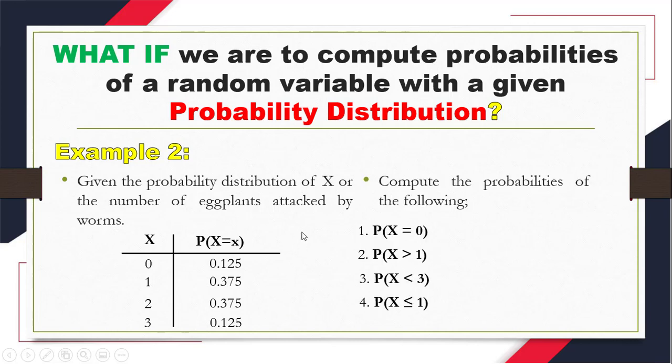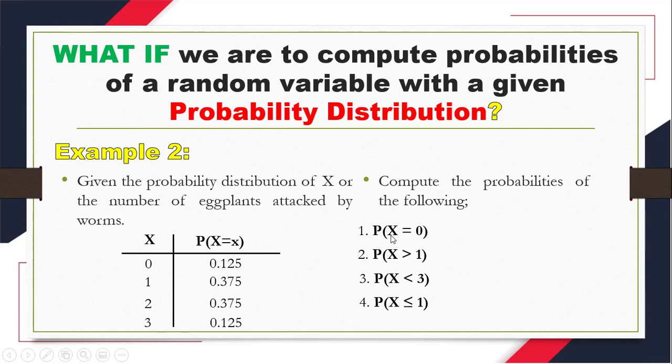We are tasked to compute the probabilities of the following. Let us take number 1. This is read as: probability of X is equal to 0. In layman's terms, what is the probability that the number of eggplants attacked by worms is equal to 0?